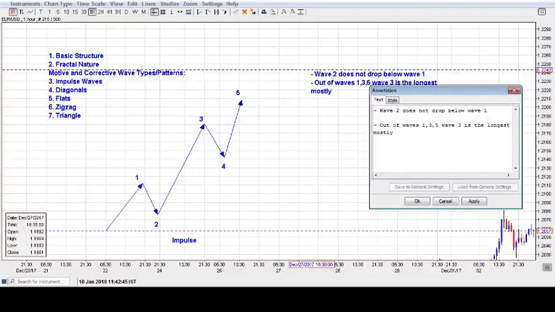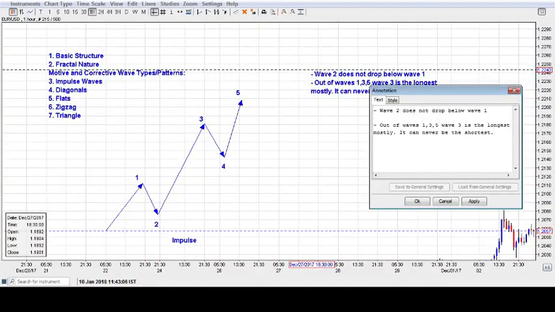If it is not the longest, the second rule says it all. It can never be the shortest.